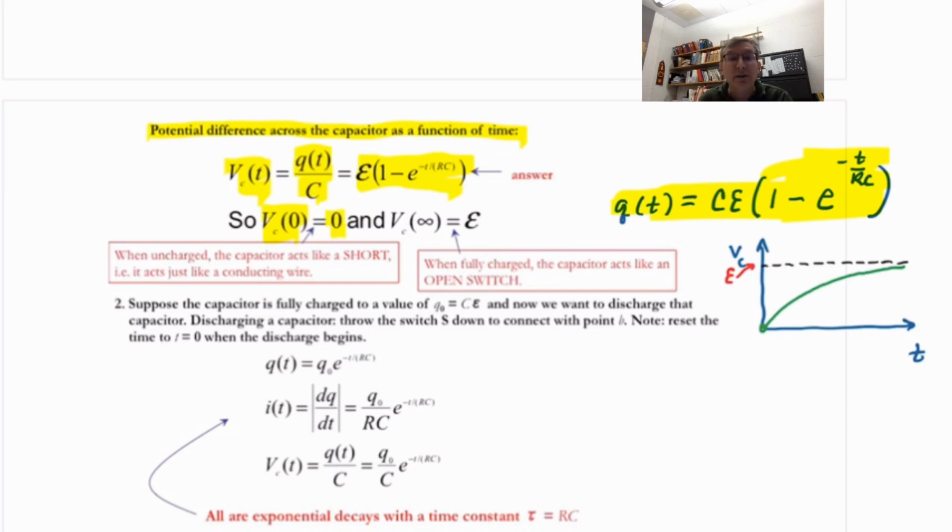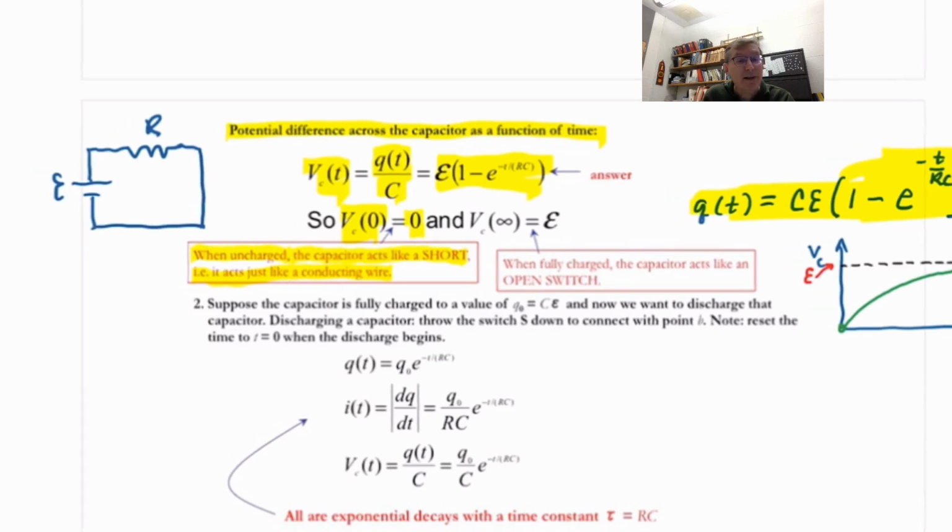So here's a very useful thing to remember when you're trying to understand how a circuit with a capacitor will behave. If the capacitor is uncharged, the capacitor acts like what we call a short in the branch where the capacitor is. That means just like a plain old conducting wire. Just like in that circuit, if I drew it over here, I had the battery with its EMF, the resistor, R, and then the capacitor just acts like a wire.